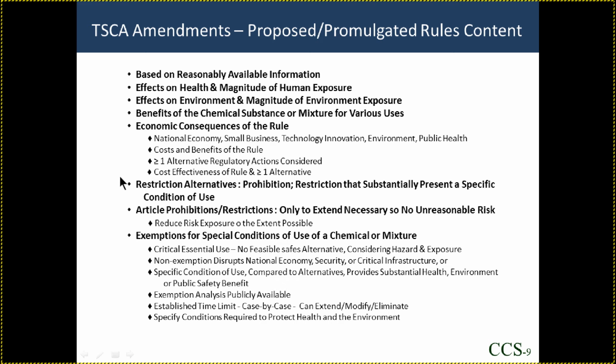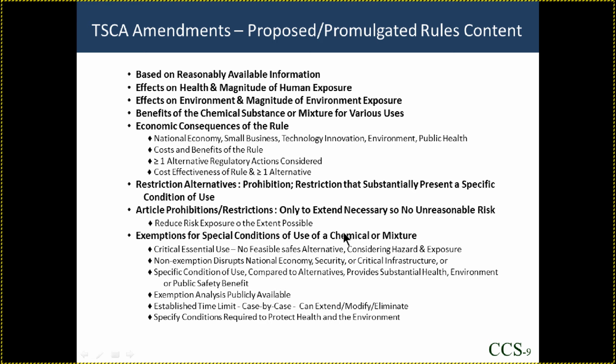They have to identify restriction alternatives and which ones they have looked at and why. If it's in an article, so let's say a piece of furniture or some material like that, they can have prohibitions and restrictions there also. But it's related to the amount that's in that article.